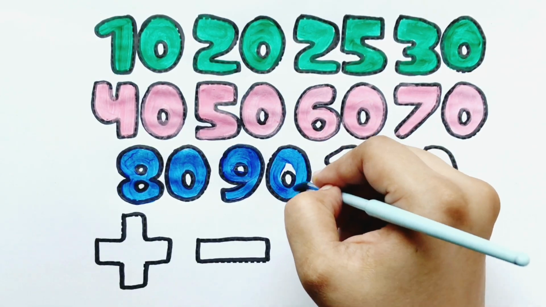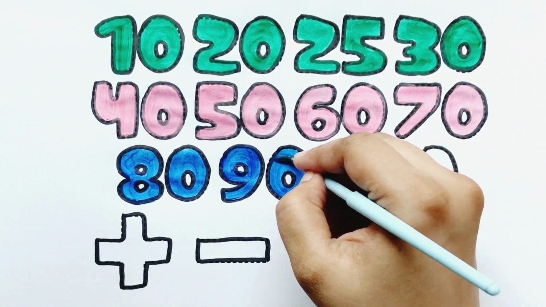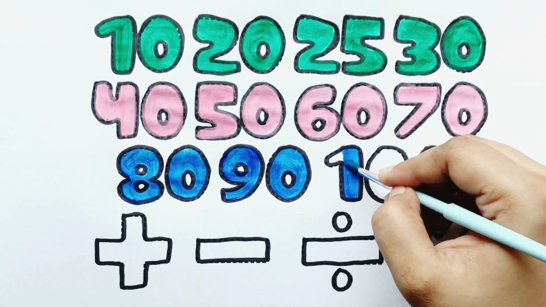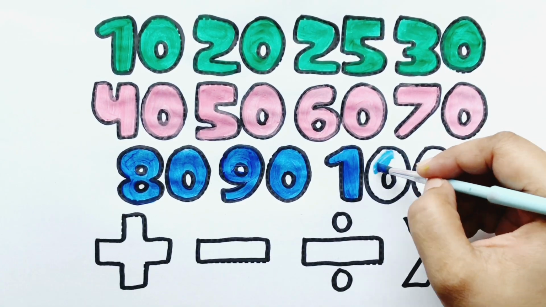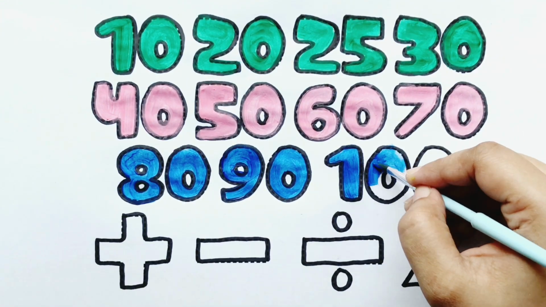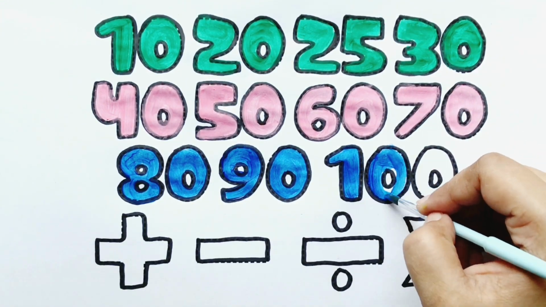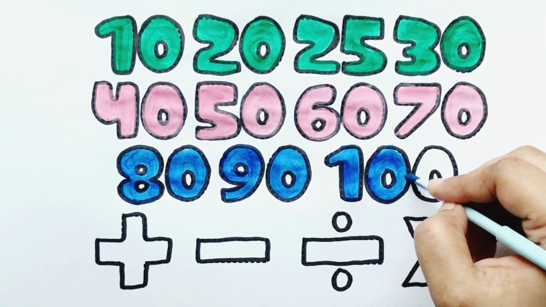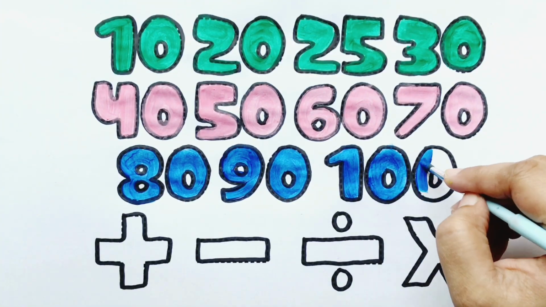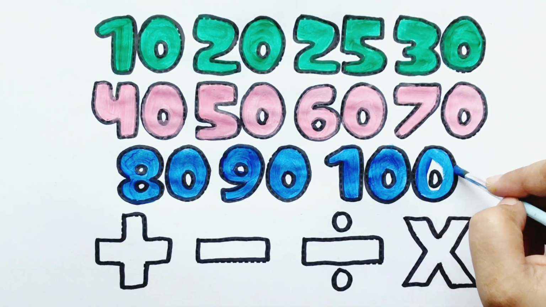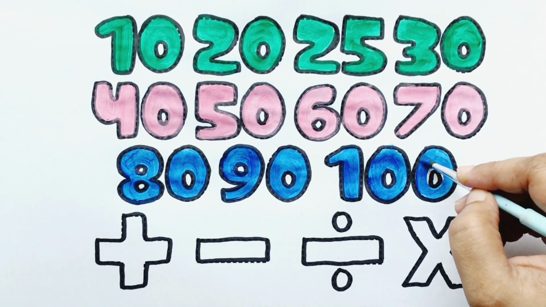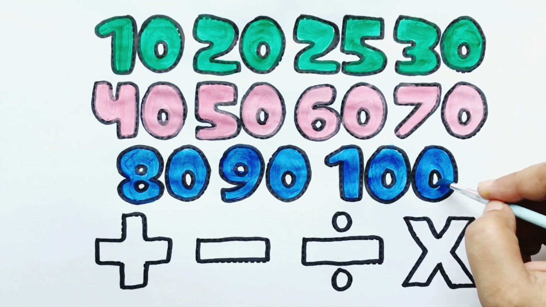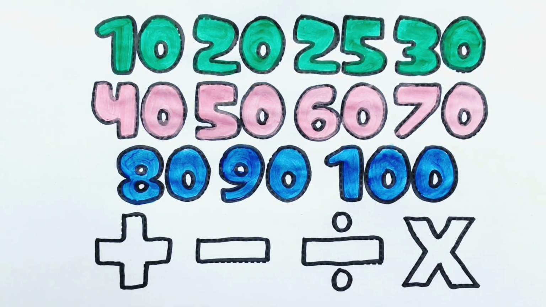Next time, won't you sing with me? A, B, C, D, E, F, G, H, I, And number 100. N, O, P, Q, R, S, T, U, V, W, X, Y, and Z. Now I know my ABCs. Next time, won't you sing with me? A, B, C, D, E, F, G, H, I, J, K, L, M, N, O, P, Q, R, S, T, U, V, W, X, Y, and Z. Now I know my ABCs.